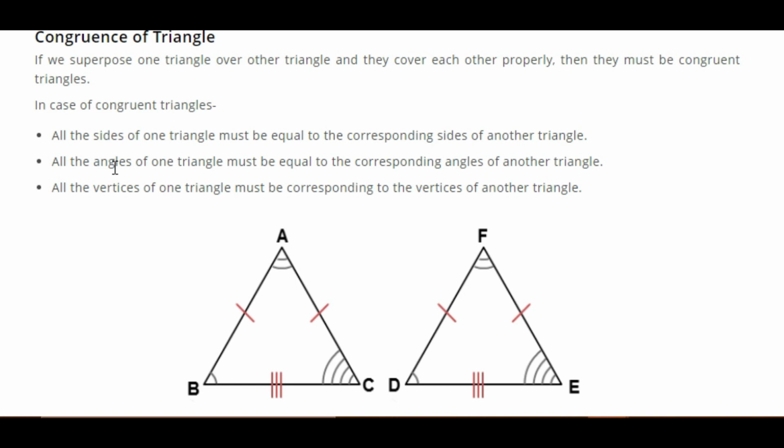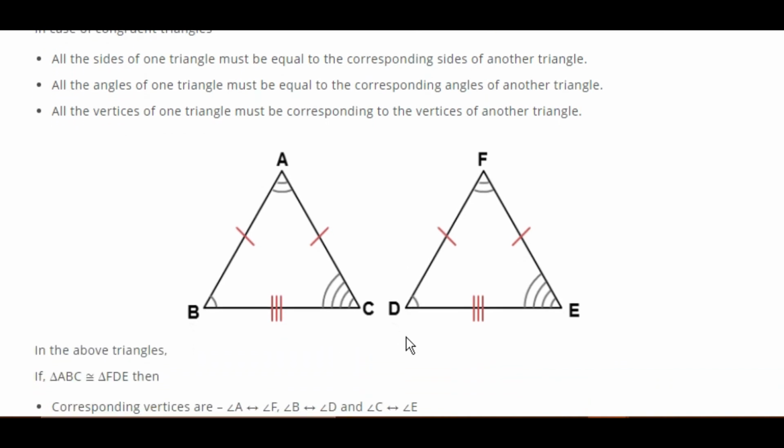If we are saying that two triangles are congruent, then what conditions do they have? All the sides of one triangle must be equal to the corresponding sides of another triangle. What do you mean by corresponding sides?